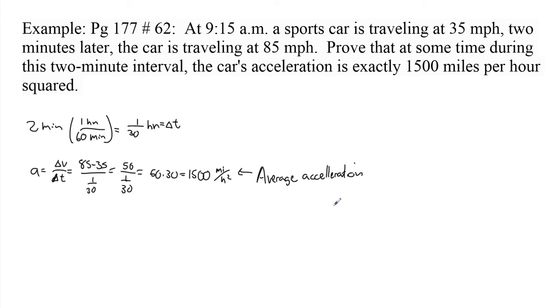All right, and so basically, when it accelerates from 35 miles an hour to 85 miles an hour, that might not be a constant acceleration. They may hit the gas, they may take off the gas, they may hit the gas, they may take off the gas. But over that time, the average acceleration is 1,500 miles per hour squared.